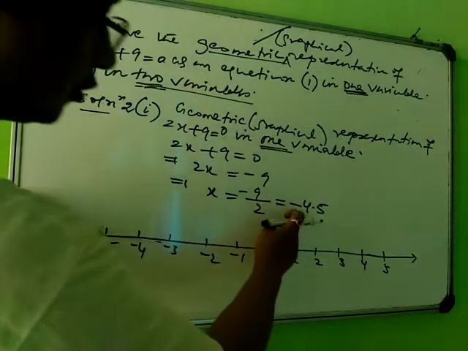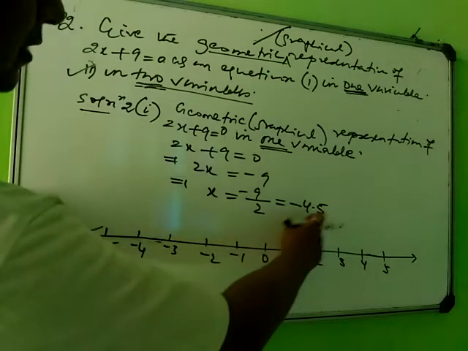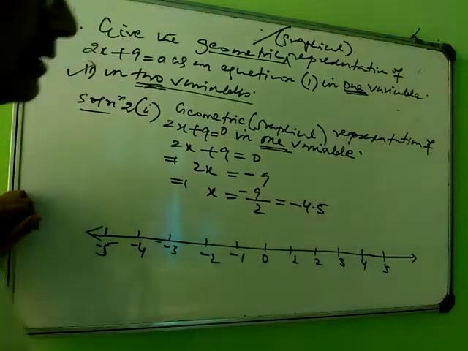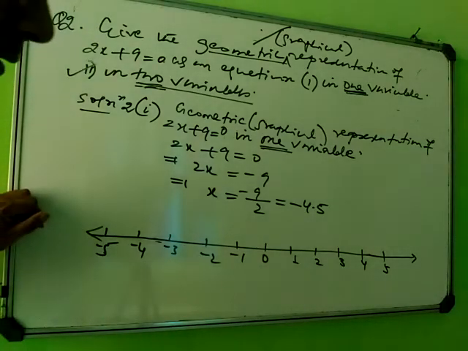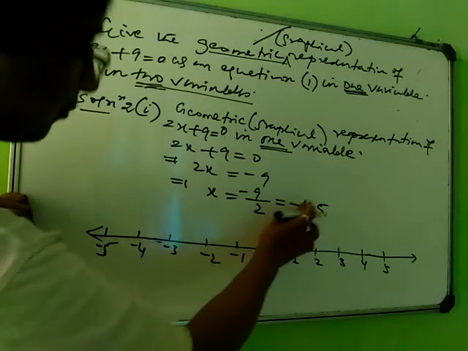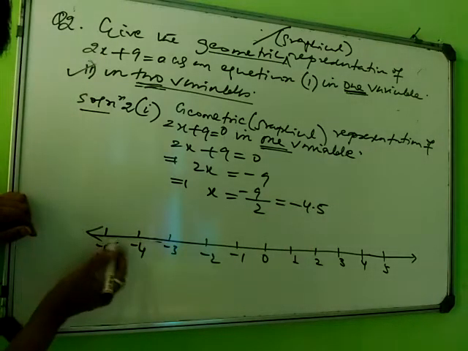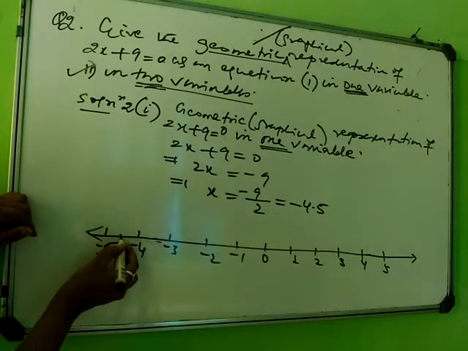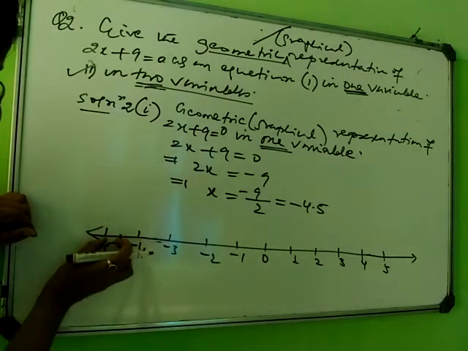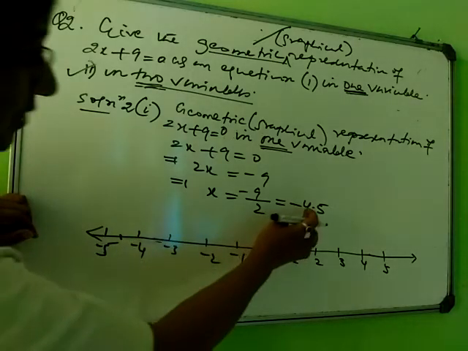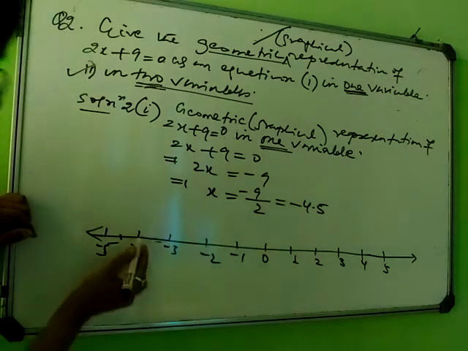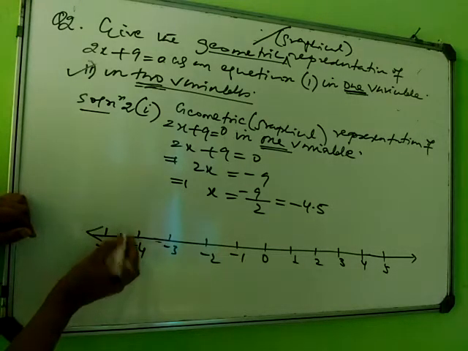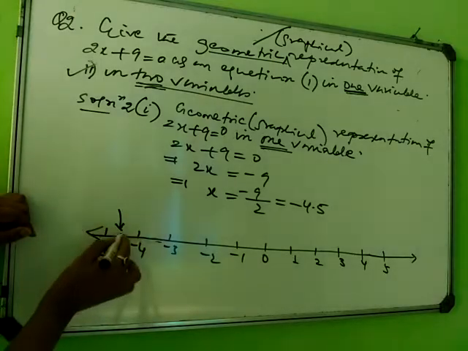So now to locate minus 4.5, because you are doing it graphically in one variable, that is why you are going to represent it on the number line. So exactly between minus 4 and minus 5, the middle point is minus 4.5, because 0.5 you will get.